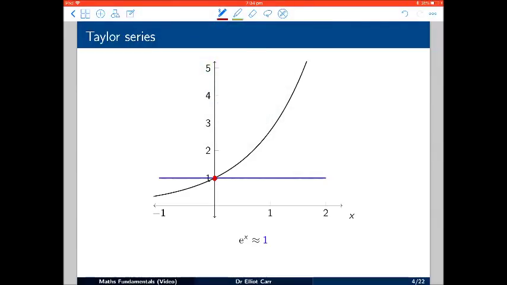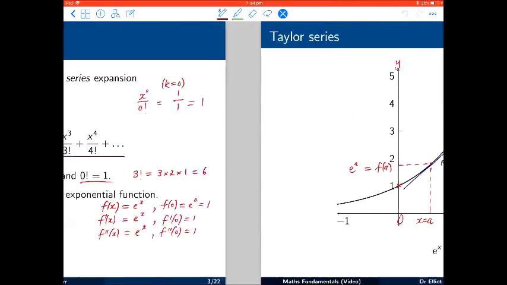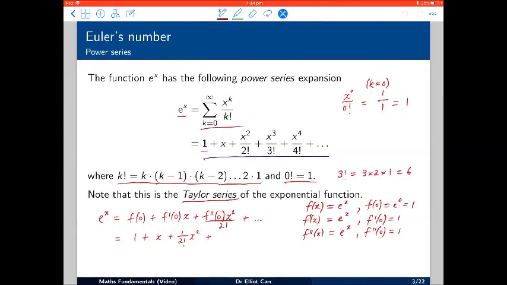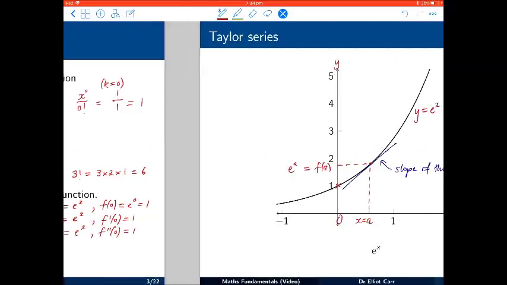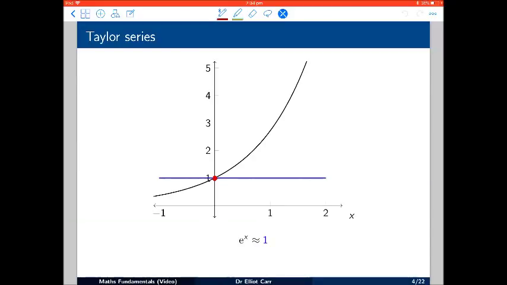Okay, but everywhere else the approximation of the blue curve to the black curve is poor. Okay, but I can continue to take more terms, so I can take 2 terms, approximate e to the x by 1 plus x. I do that.